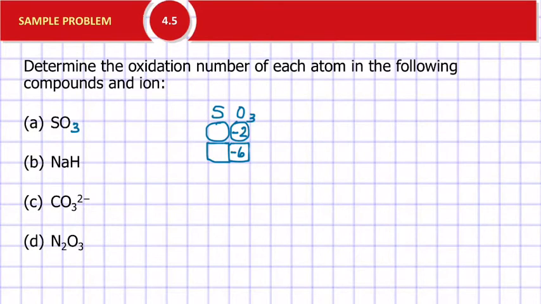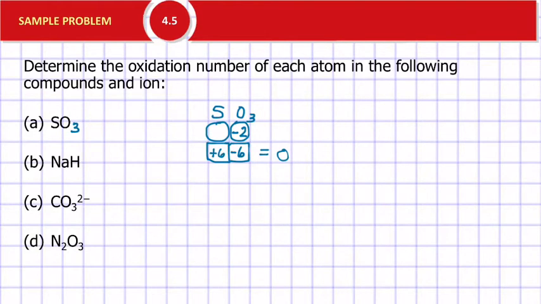Here, what's in the boxes has to add up to what? 0. All the oxidation numbers in a polyatomic ion or a molecular compound have to add up to the overall charge, which is 0. So those are always easier than adding up to negative numbers.